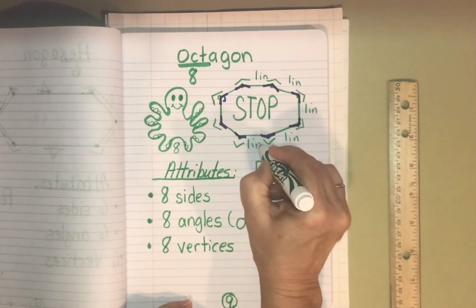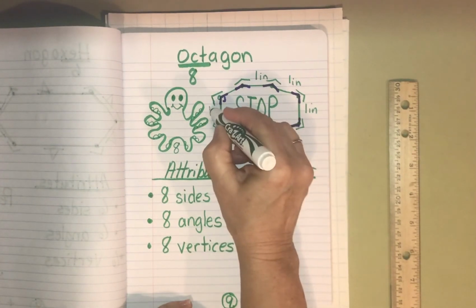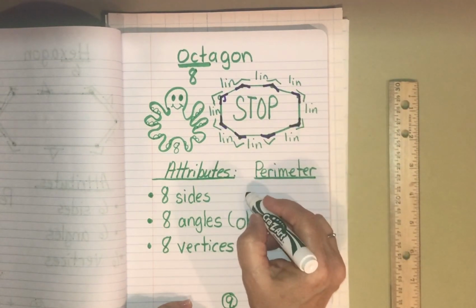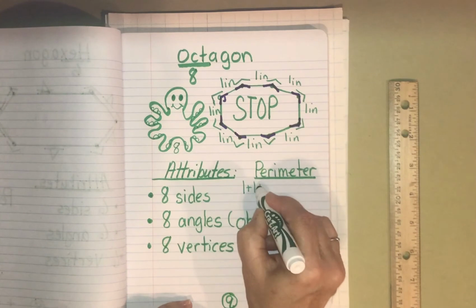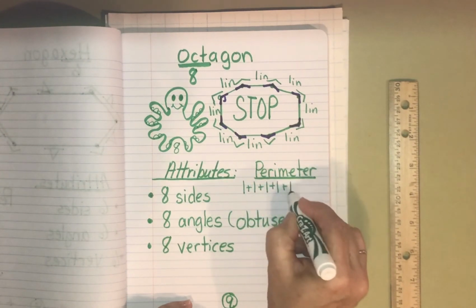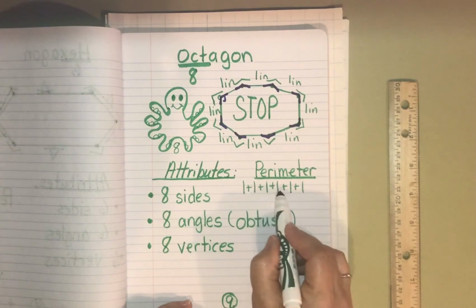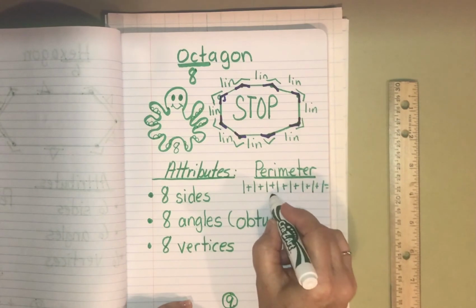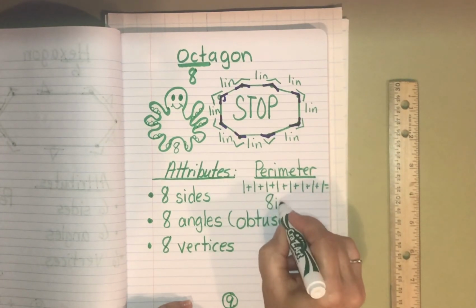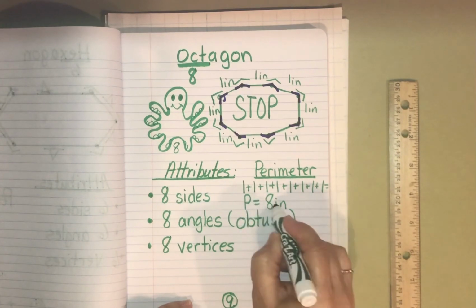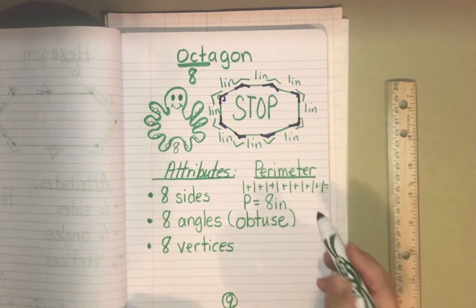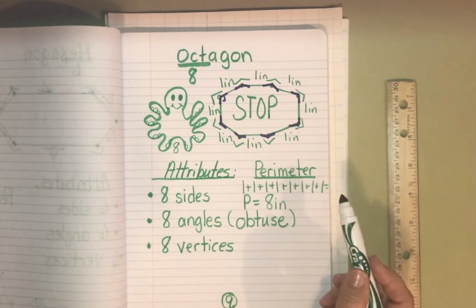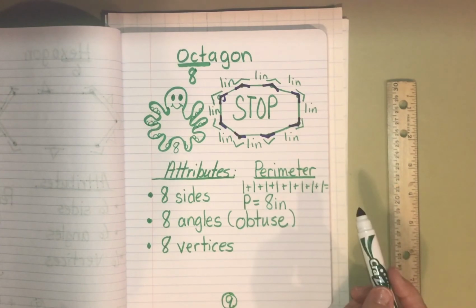And since there are 8 sides and each side is 1 inch, that would be the same as adding 1 plus 1 plus 1 plus 1 plus 1 plus 1 plus 1 plus 1. That would be the same as saying 8 inches. Perimeter equals 8 inches. Now, because they're all the same size, we could actually multiply. How many times am I adding 1? 8 times. 8 times 1 would be 8.